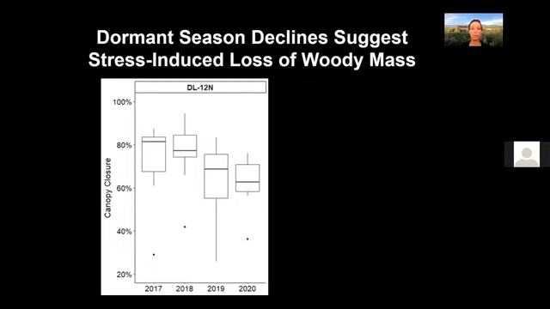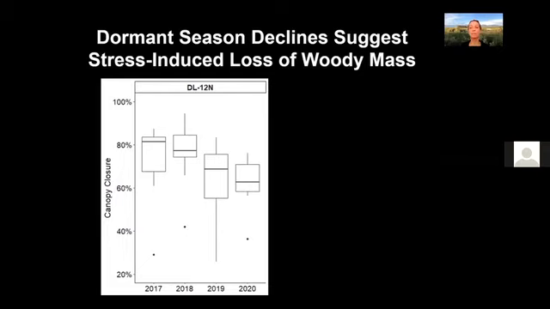There's a few things of interest that I want to point out. One is that a high percentage of cover in these sites is comprised of woody mass alone, right? If you look at the 2017 photos on this graph, a little over 80% on average canopy cover is measured in the winter.